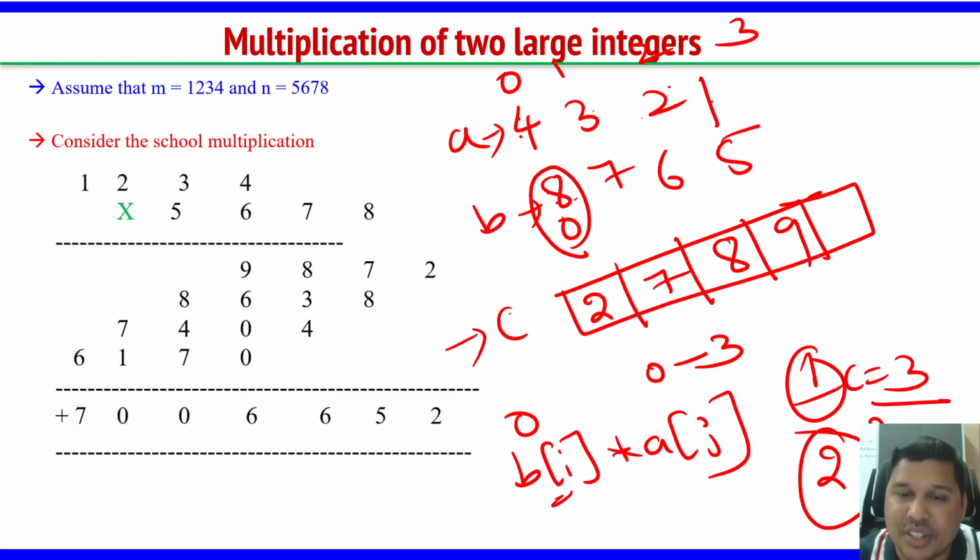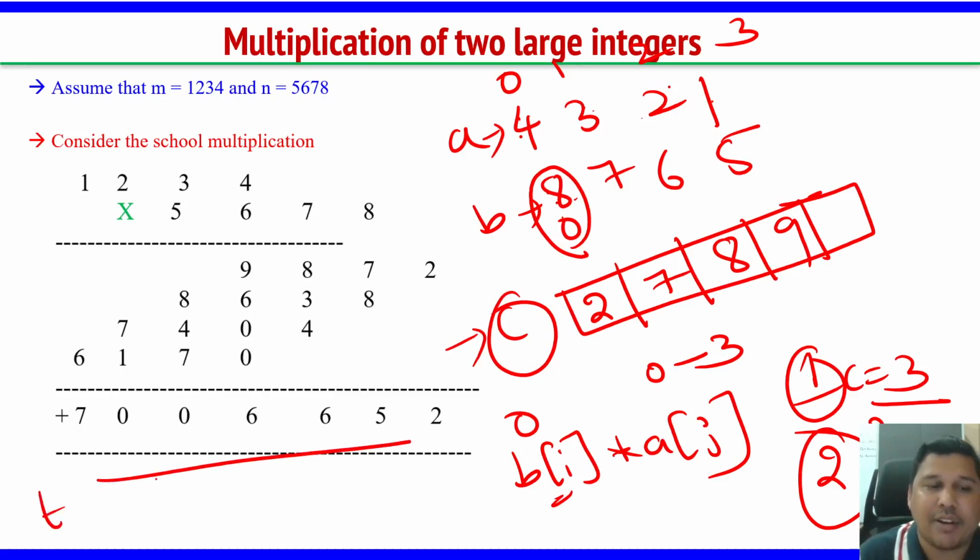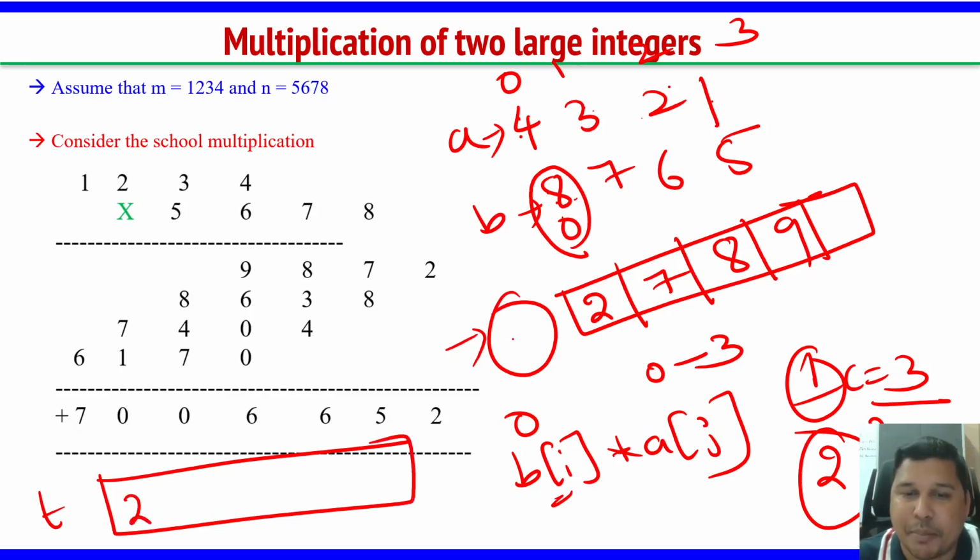Now, this C result you will be copying into a temporary array. Let me take a temporary array, T, and let this be the C array. In the temporary array I got values like this, 2, 7, 8, 9 and so on.